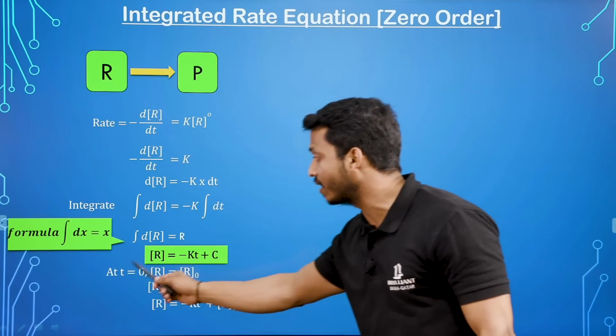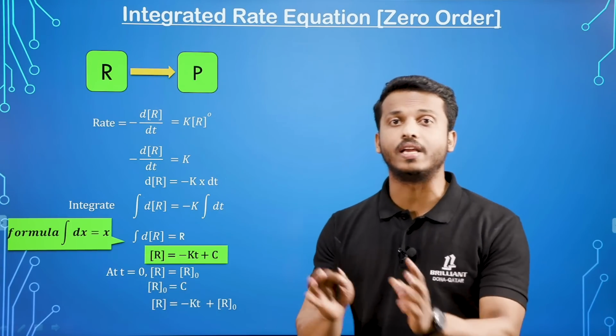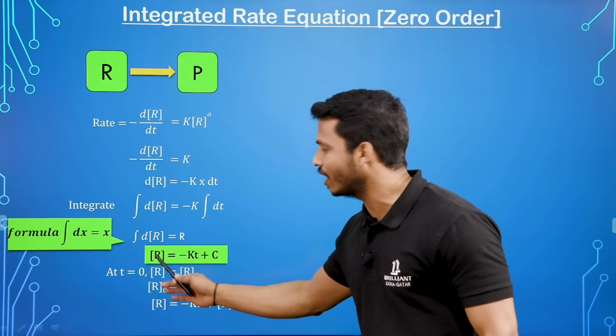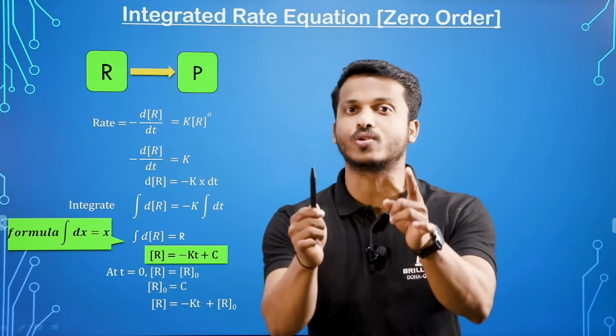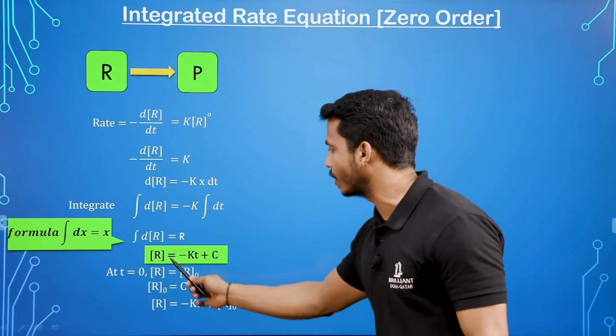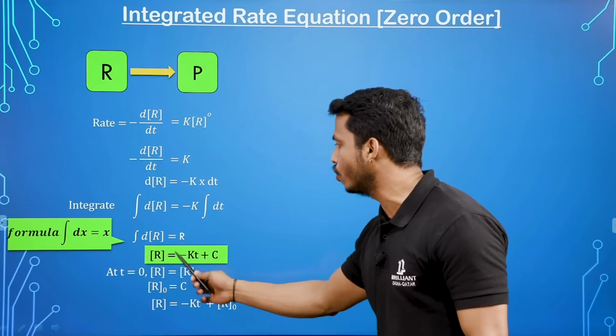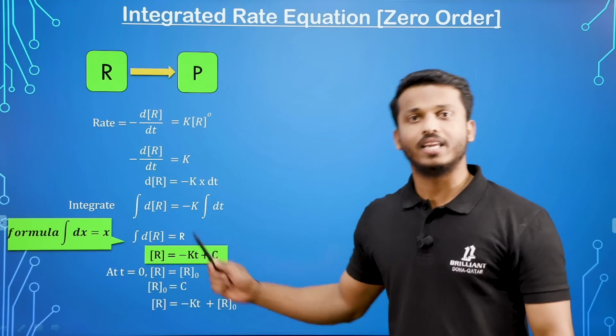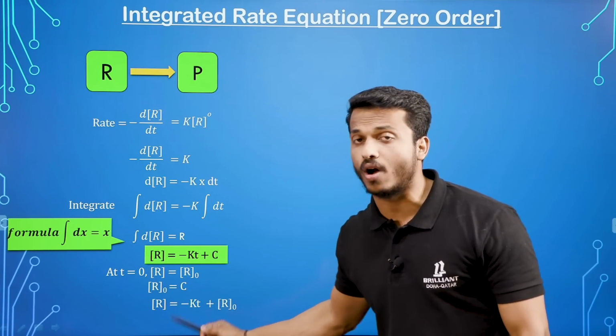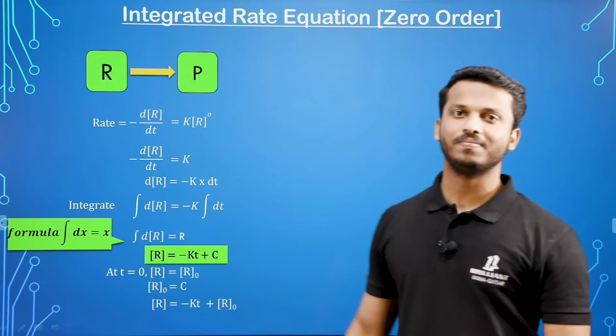When time equal to 0, R equal to R naught. When we substituted in this equation, we got integral constant C equal to R naught. That value we substituted here. So R equal to minus KT plus R naught.